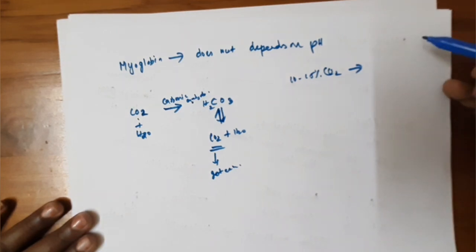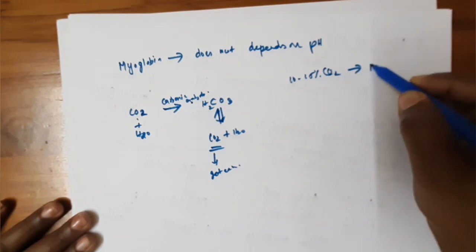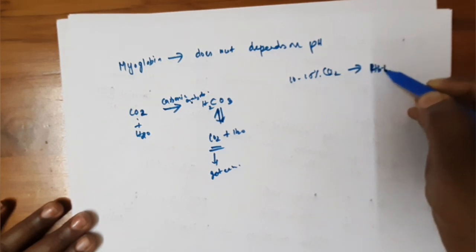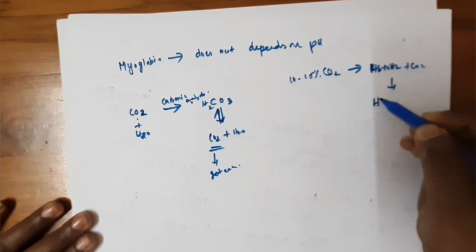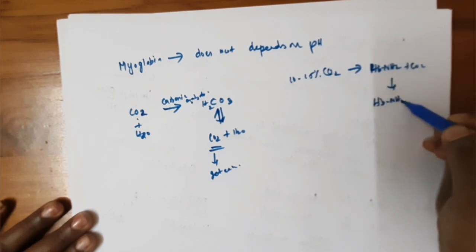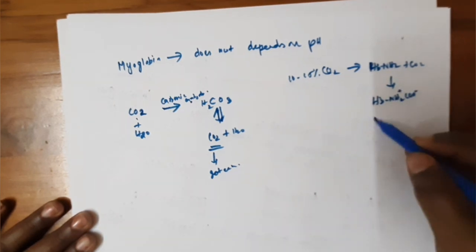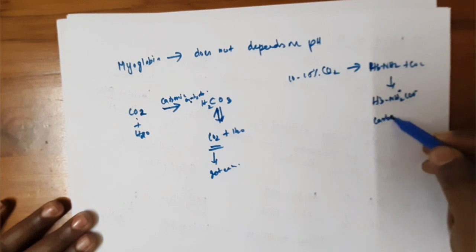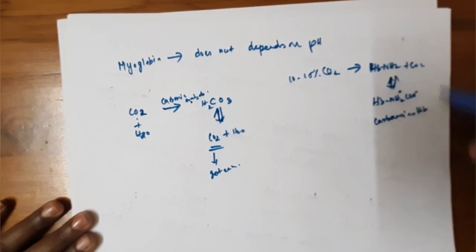So the hemoglobin contains protein molecules, and the amino groups take up this carbon dioxide and form carbamino hemoglobin. It is a reversible reaction, and it is converted back into hemoglobin.